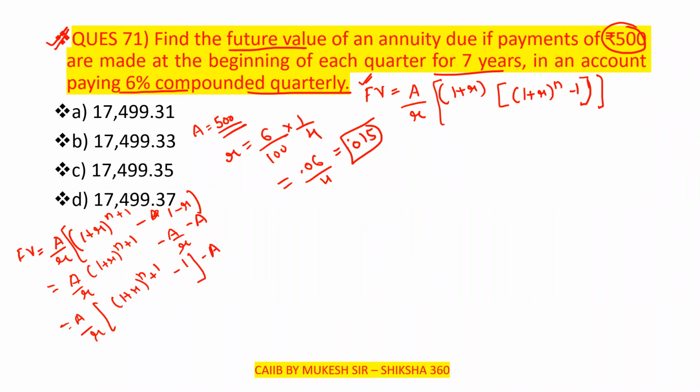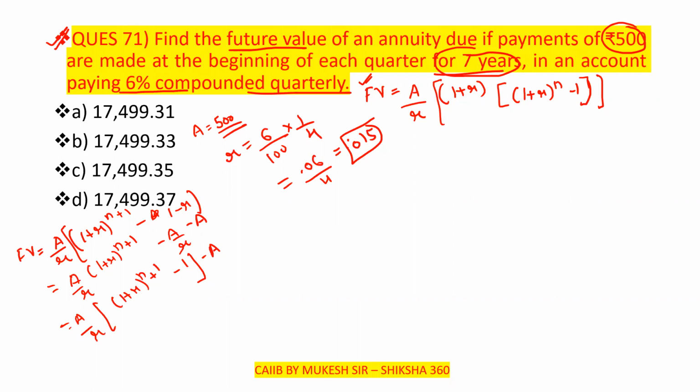Now what is the value of n? It is for 7 years, with payments at the beginning of each quarter in an account paying 6% compounded quarterly.